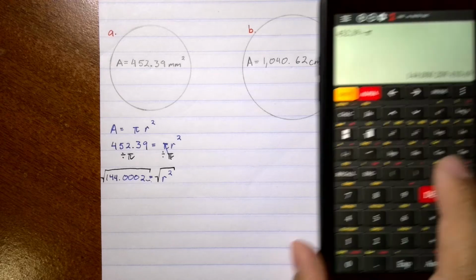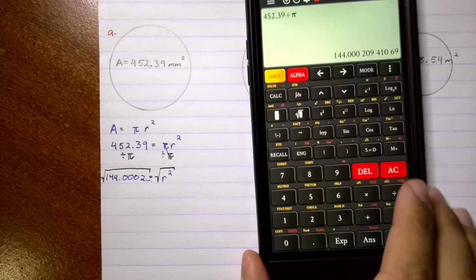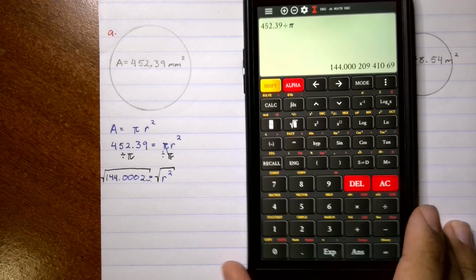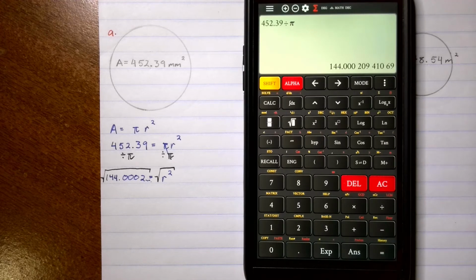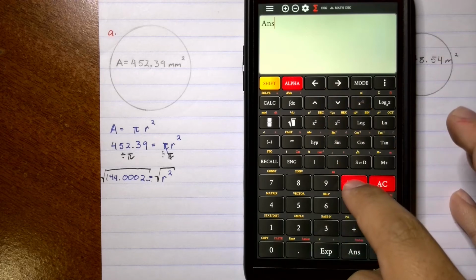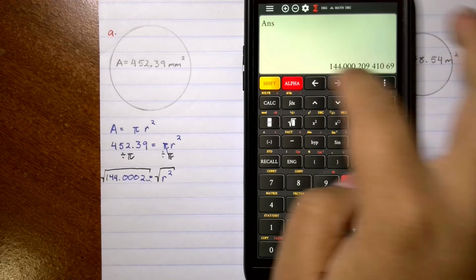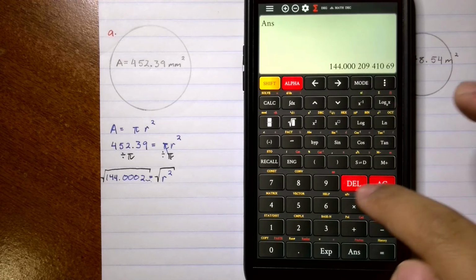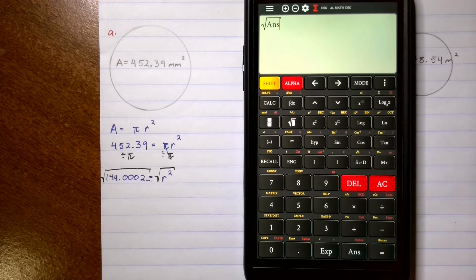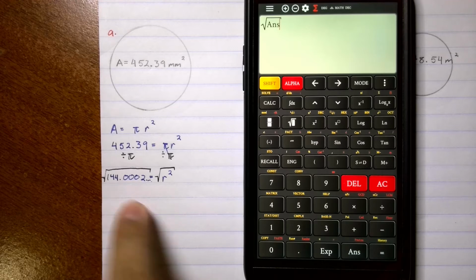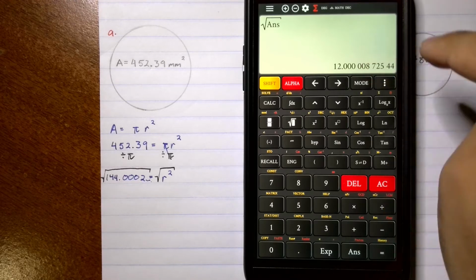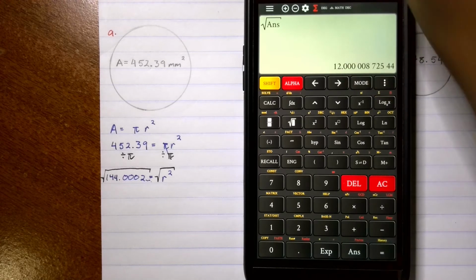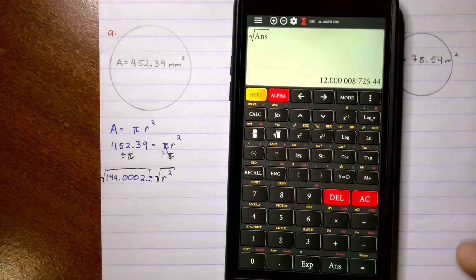Now, in case you haven't seen this before, most scientific calculators have the same function. You can just take the answer, like so. Now the answer is locked in as the previous value that we had. We can take the square root of the answer, which gives us something very close to the value of 12.